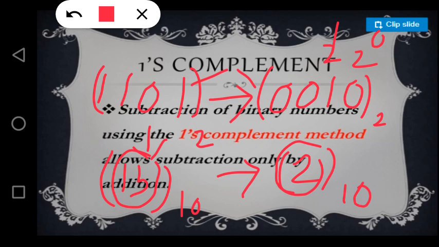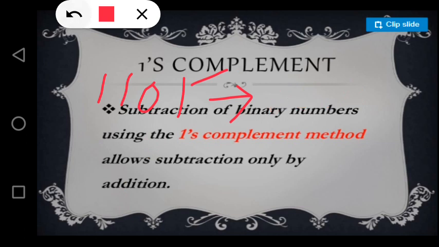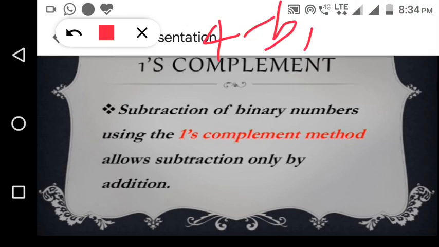See, what is the biggest decimal value that you can represent with a 4-bit binary number? To discuss that, you should understand certain things which are very important. I said 4 bits, right?